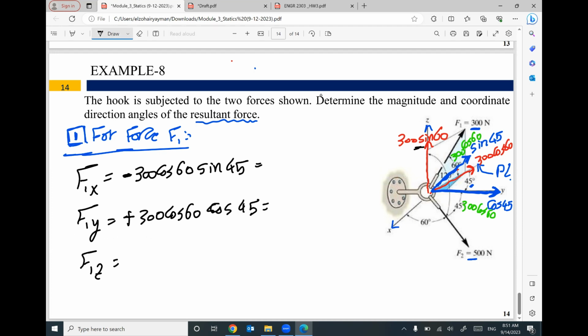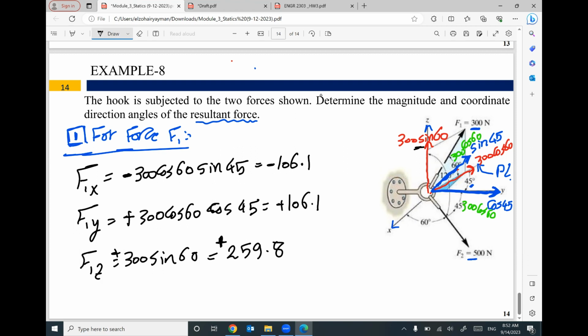The z component from the beginning is 300 sine 60, which is also positive direction. If you use your calculator, 300 times cosine 60 times sine 45 degrees will be negative 106.1. This one will be positive 106.1. This one will be positive 259.8.